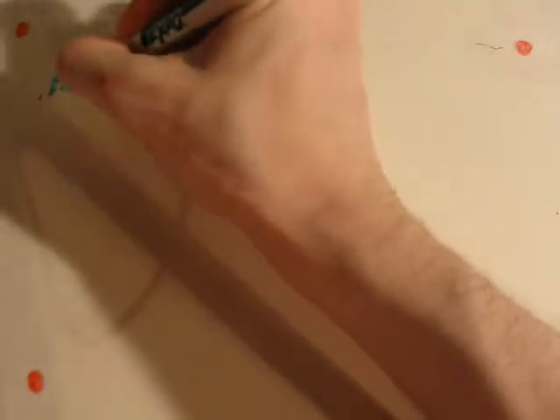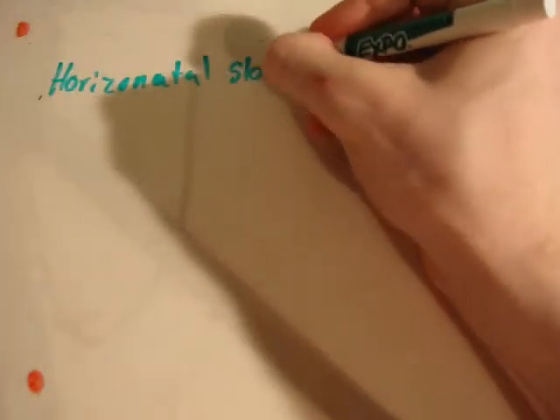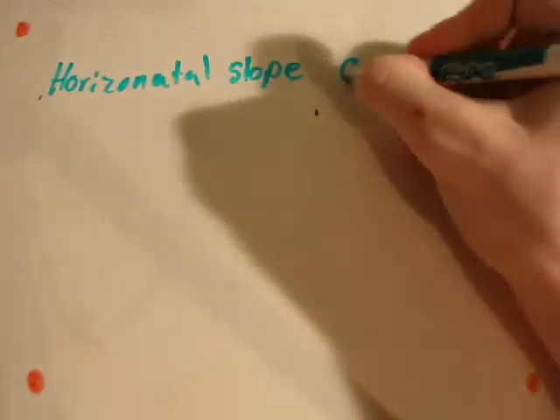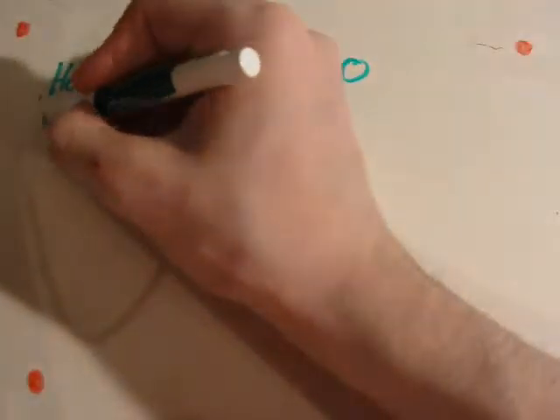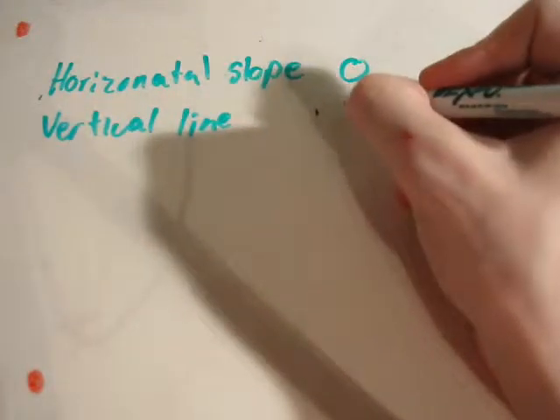The difference: the horizontal line has a slope of 0. A vertical line has a slope of undefined.